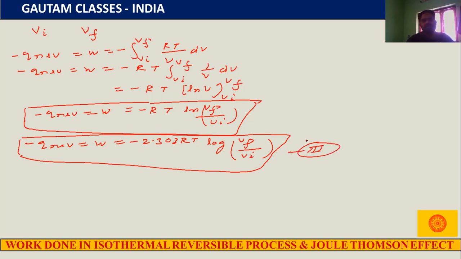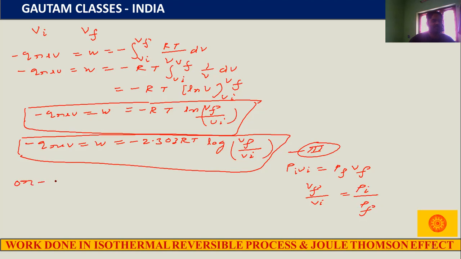You know very well that if it is an ideal gas, it should follow Boyle's law, Charles law, and the ideal gas equation. According to Boyle's law, PiVi is equal to PfVf. So in place of Vf upon Vi, we can write Pi upon Pf.